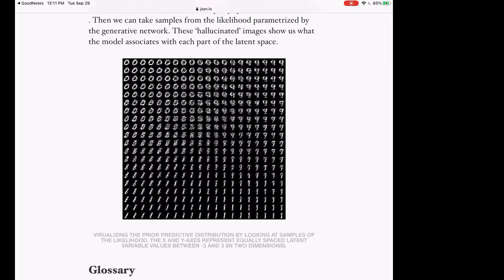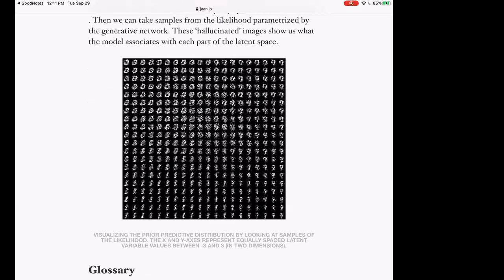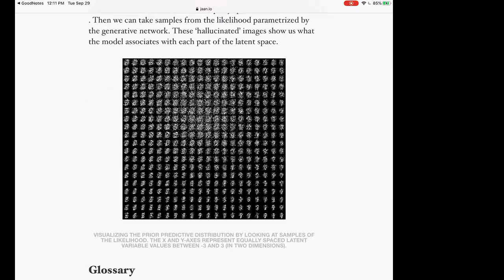So, your Z in the initial training phase won't be anything really meaningful. This is a bunch of noise. So as you can see from the caption here, what you're doing is sampling from your Z space, and it's a 2-dimensional Z space, and for the first coordinate and the second coordinate, you're just sweeping through -3 and +3.